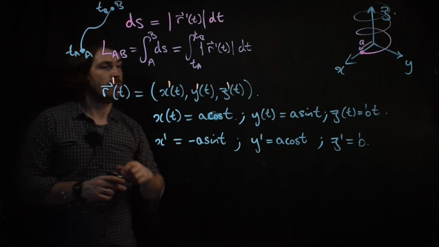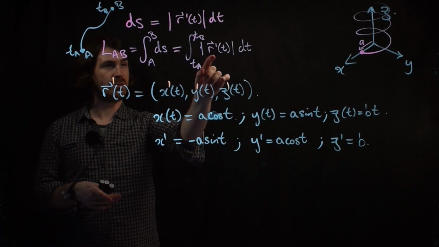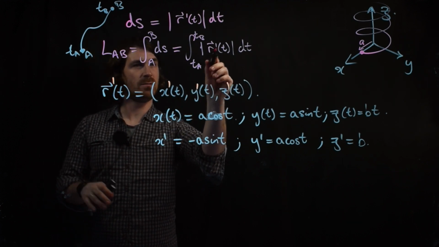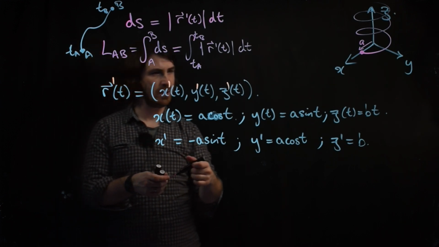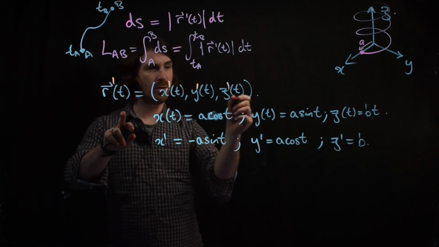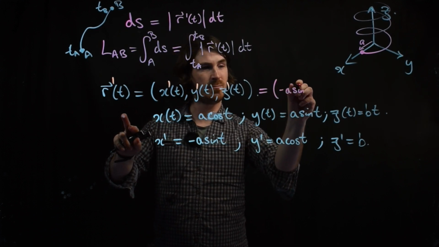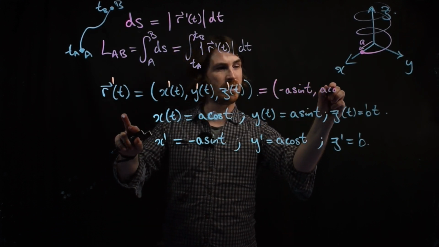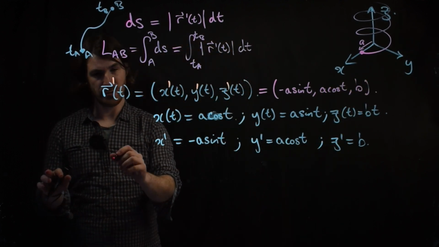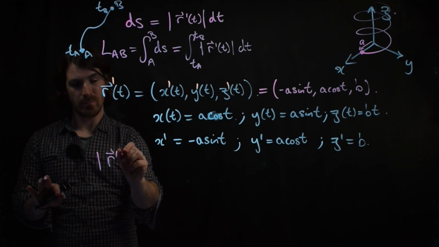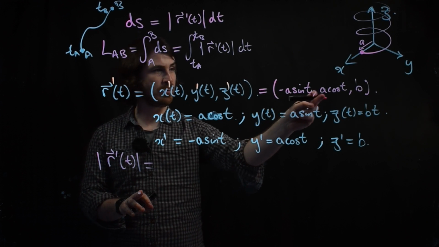So we found the derivative, r prime, and now we need to find its magnitude. We found that r prime of t is minus a sine t, a cosine t, b. The magnitude of r prime of t is this squared plus this squared plus this squared.